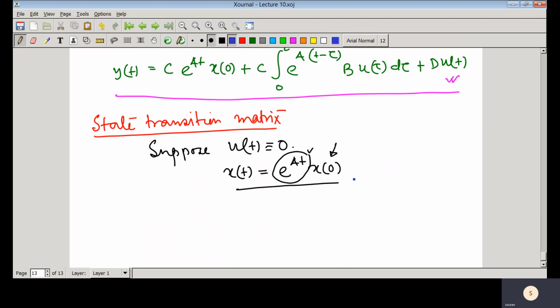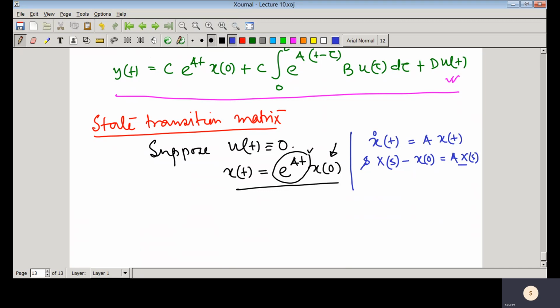We are taking it as the solution, because whenever the input is equal to 0, you have the state equation x dot = Ax(t). Then if you take the Laplace transform, you have sX(s) - x0 = AX(s).